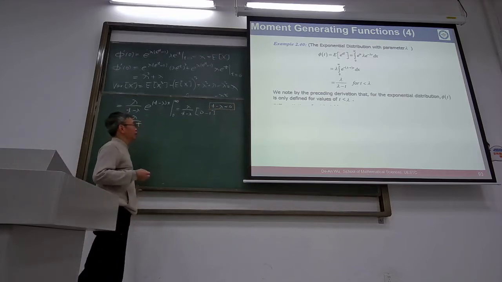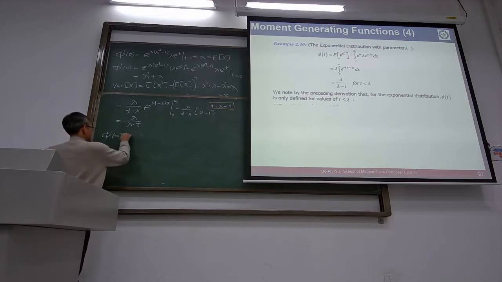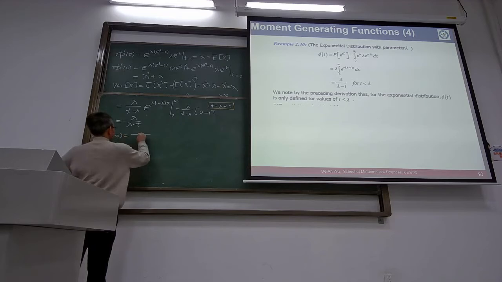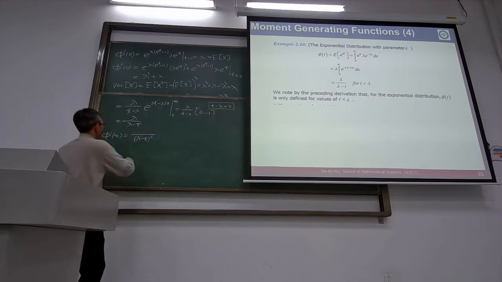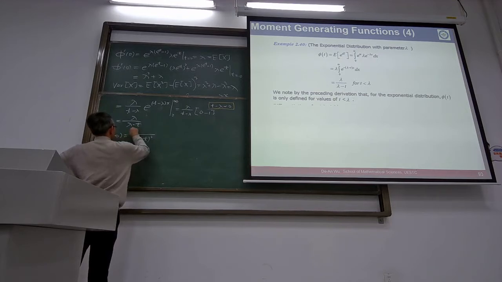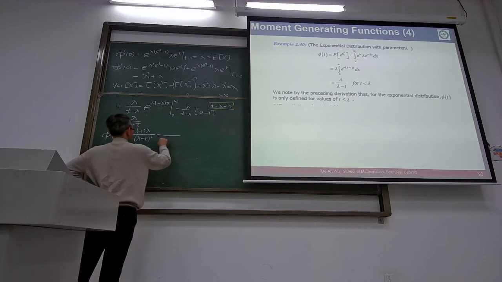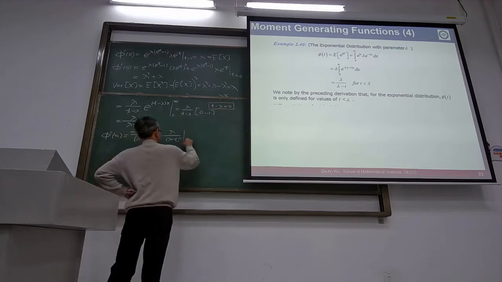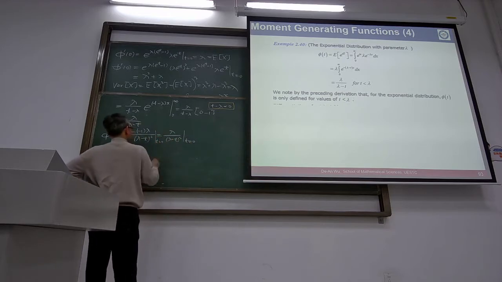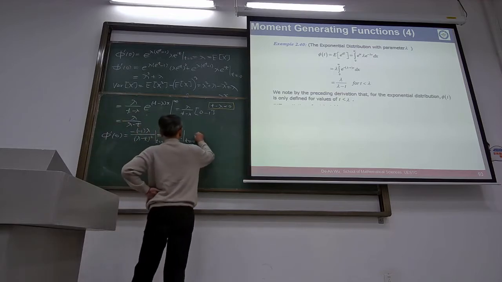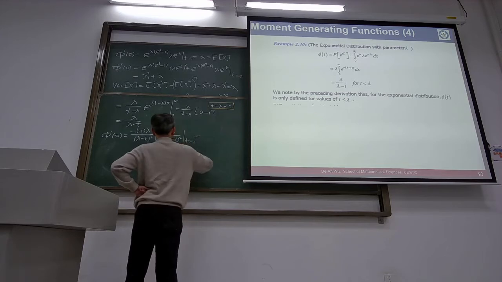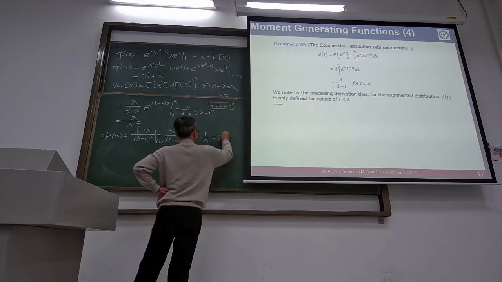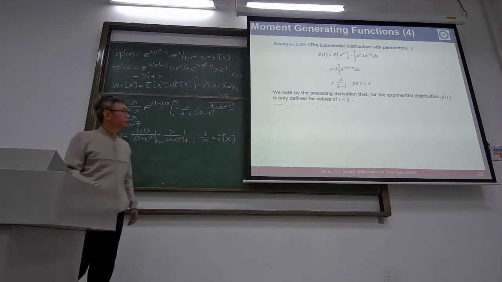So in this case, t minus 1 by lambda just equals 1, equals 0. Okay.